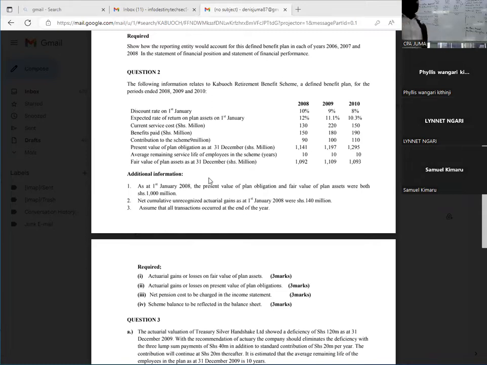So to that effect, below, write net cumulative unrecognized gains: 208, 209, 2010. So these 3 steps, if you understand them, we have no problem with you at all.